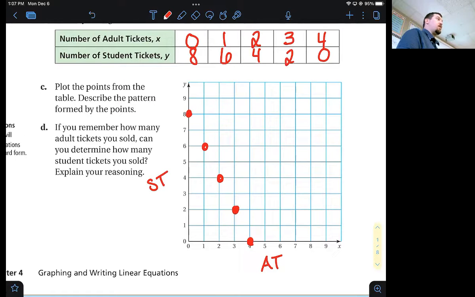So this would be what we call a discrete function, where I can't connect the dots. Whereas if I were able to connect them, that'd be what we call a continuous function. You'll talk about those next year, discrete and continuous functions. If I'm pumping gas at the gas station, can I pump 14.8 gallons? I can. So that's a continuous function, but I can't sell 14.8 tickets.